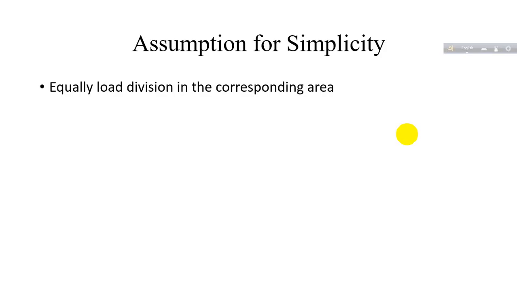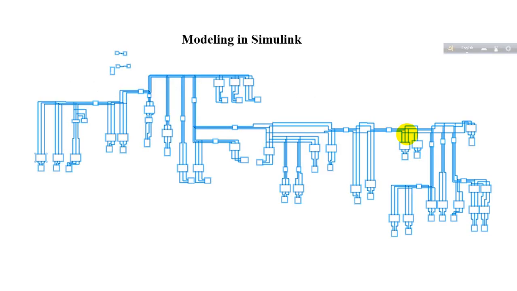Here we have ignored the substation portion for simplicity. Here this is our network. Now it seems very fuzzy, so I am going to zoom in portion by portion.